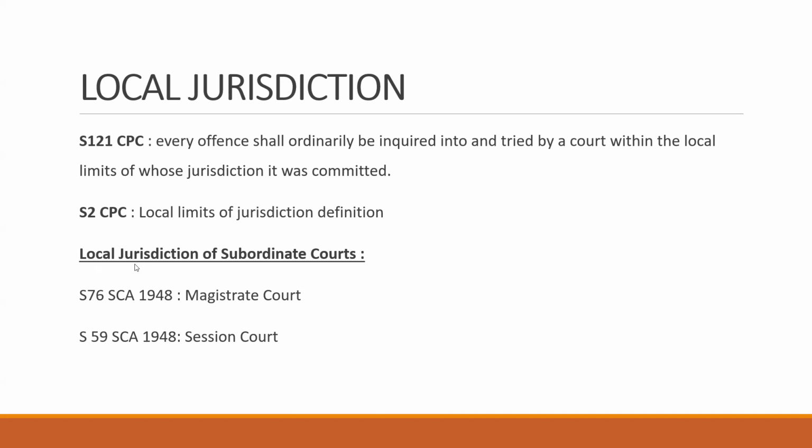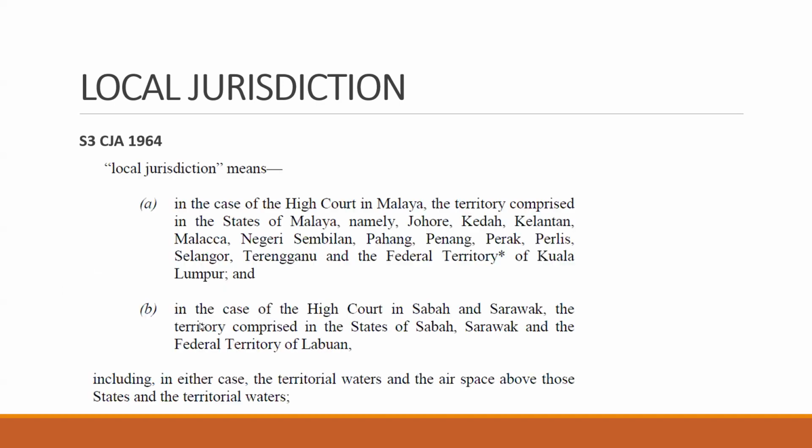That one I already told you. SCA exclusively provides the authority, the power for magistrate court and session court. Okay, you can have a look at Section 76 pertaining to magistrate court and also Section 59 pertaining to your session court. Okay, so local jurisdiction, one more thing, for High Court per se, it is Section 3 of CJA.